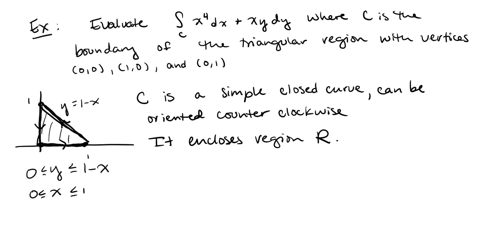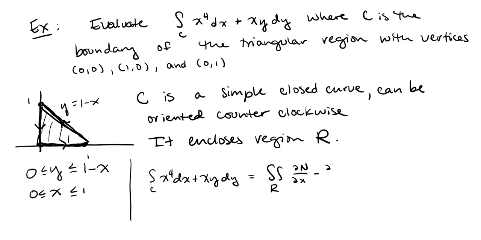So what we're going to end up with is the line integral over C of x to the fourth dx plus xy dy. We're going to instead convert this to the double integral over R of the partial of N with respect to x minus the partial of M with respect to y, with respect to area. First let's look at those partials.